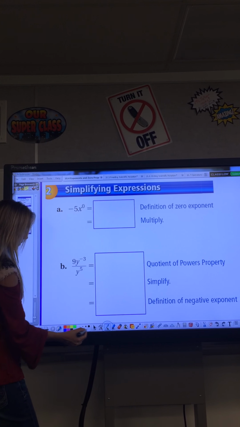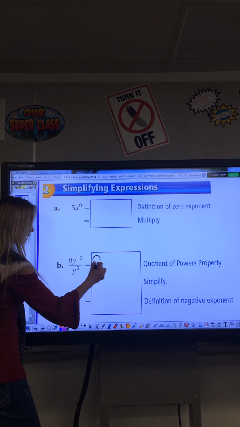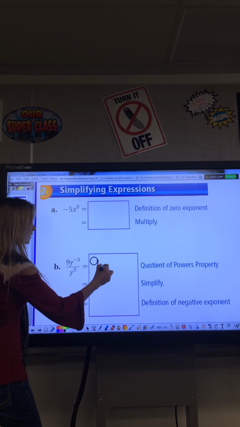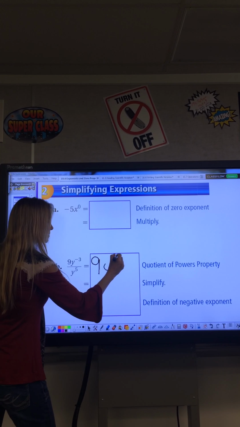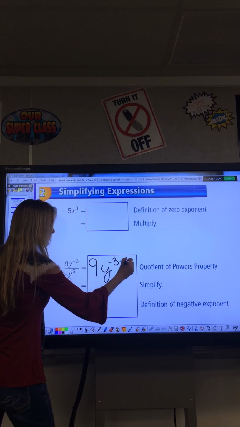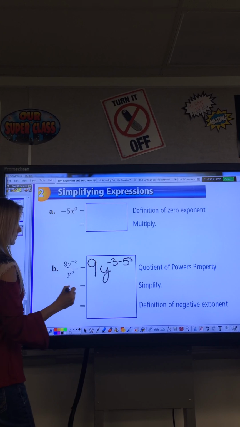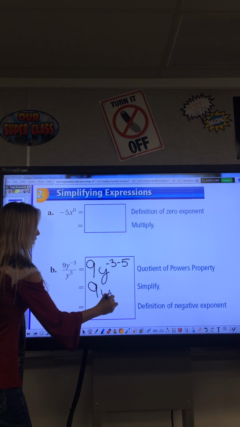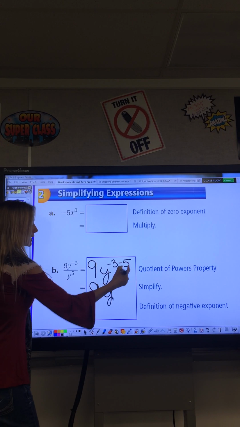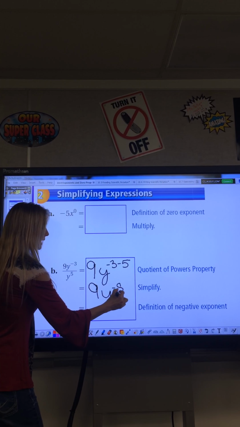We have 9y, and we are subtracting our exponents, so negative 3 minus 5. I have 9y, negative 3 minus 5 is negative 8.